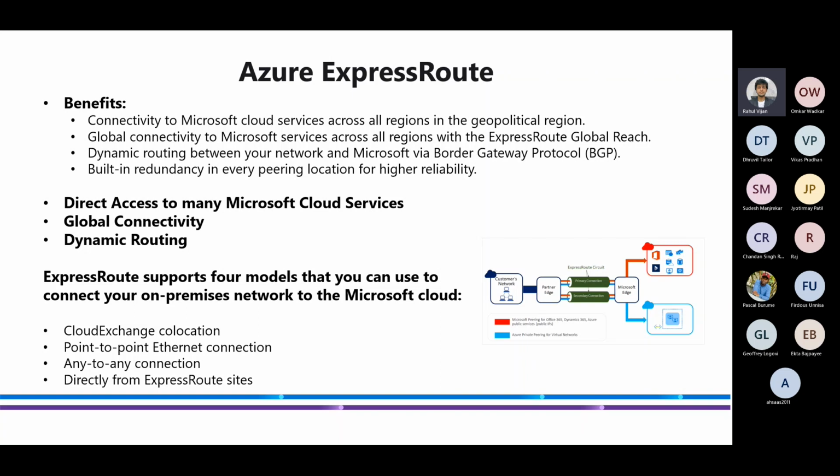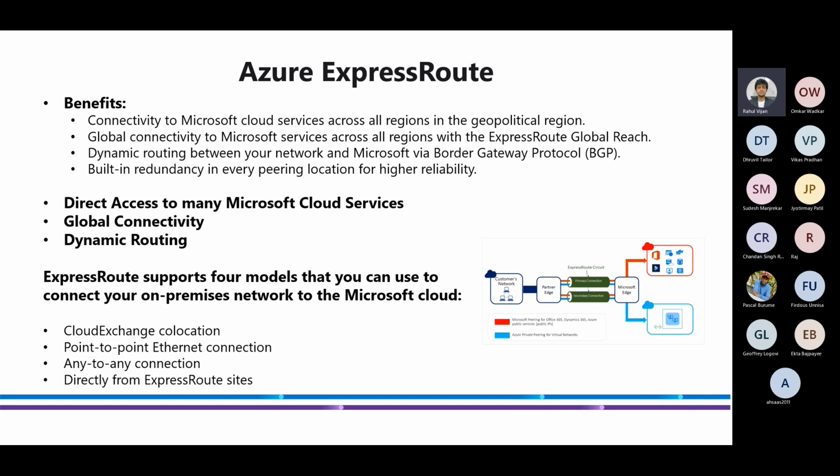Again, that comes under what I explained just now. Then dynamic routing between your network and Microsoft via Border Gateway Protocol, which we explained before, the basics of how it works. The protocol will take decisions on which particular line is faster for you.